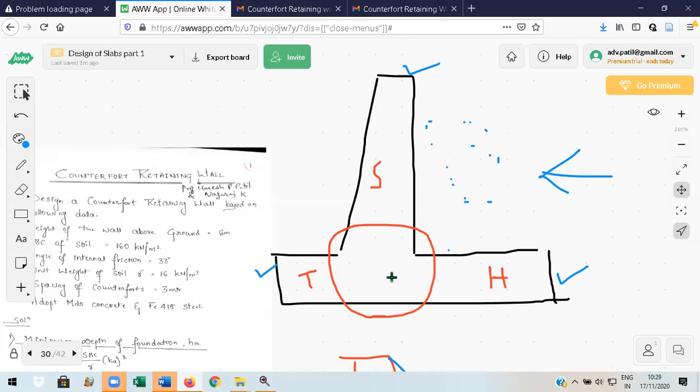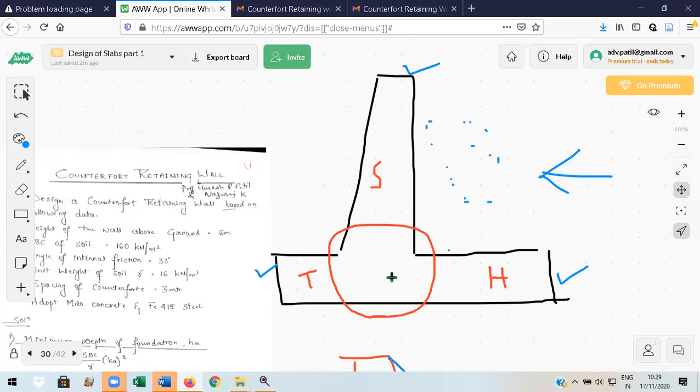So either there will be trapezoidal UDL or there will be rectangular UDL. Whatever we study as uniform distributed load, that is different. But in case of cantilever retaining wall, trapezoidal UDL will be there. You have to split it into UDL as well as triangular load. That I will show you. Once you know that, the design becomes very simple.